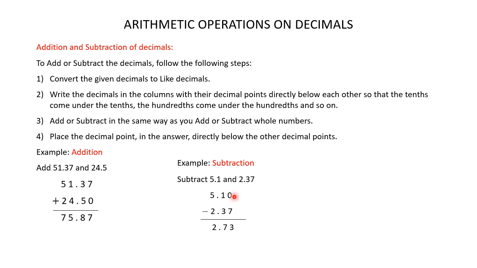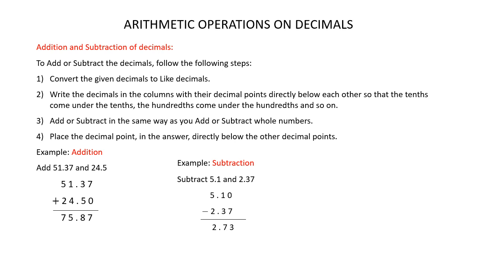Now write 5.10 and 2.37 in such a way that the decimal points are below one another, the tens place digits are below one another, and the digits in the hundredths place are below one another. Now subtract these two numbers as usual.